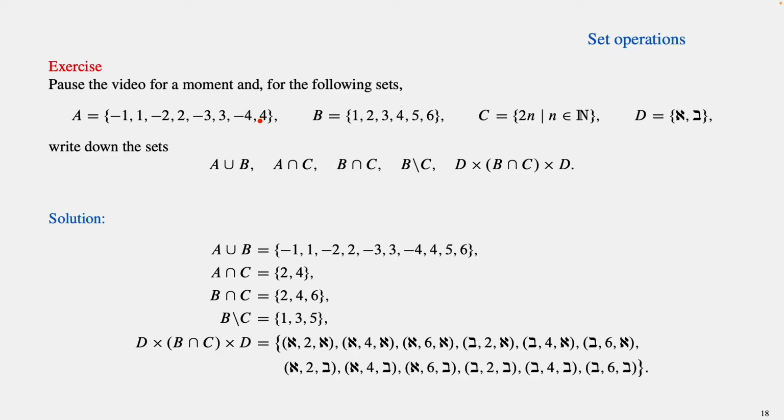So the negatives are all gone, and the only even natural numbers appearing in A are 2 and 4. So A intersection C is just this set.